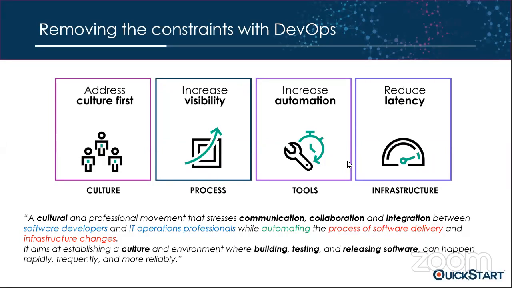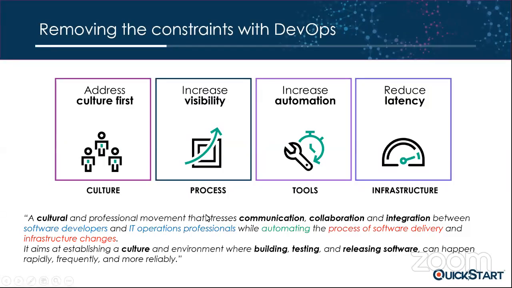You can usually read in the news or in job postings that we need a DevOps engineer, or a DevOps manager, or a cloud engineer, and they are focused only on tools. But we have two other knowledge areas that impact our DevOps implementation or digital transformation: culture and process.